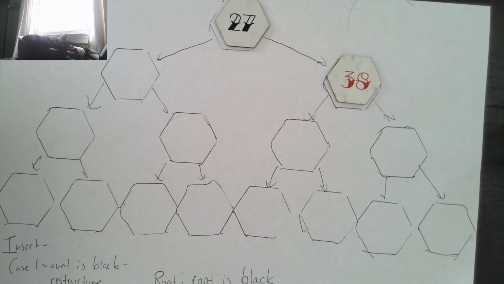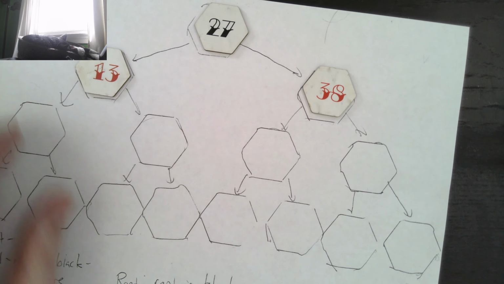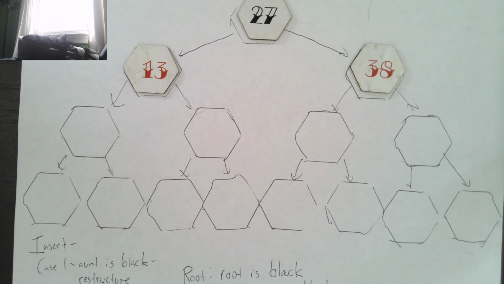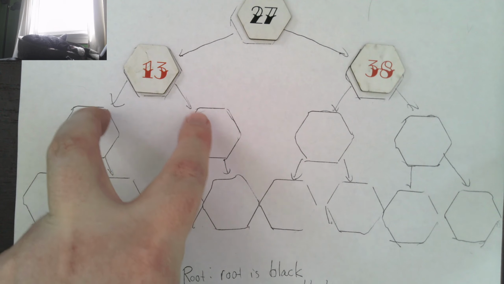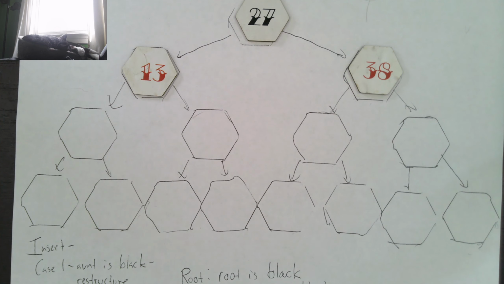So let's put in 13. So 13 goes over here. It's red. Looking good. Feeling good. All right. So we put that red node in. We still have all of these. Now the leaves are here. These are two black leaves.